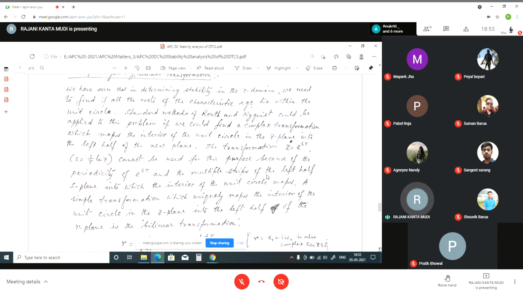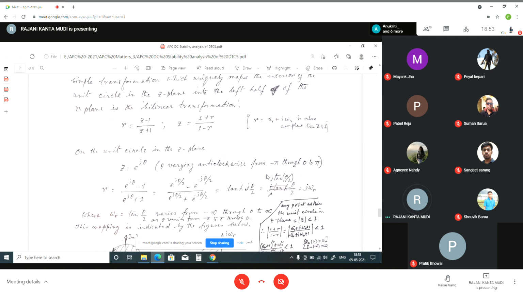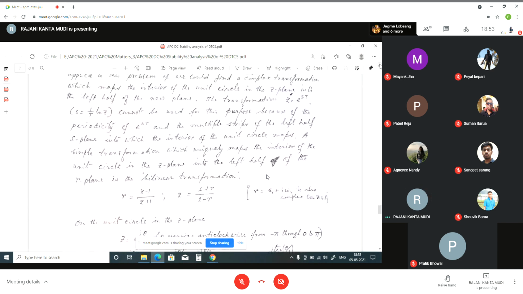So this is the simple bilinear transformation that can be used to fulfill this purpose. That means the unit circle can be transformed to the left half of the R plane. R is a complex variable.